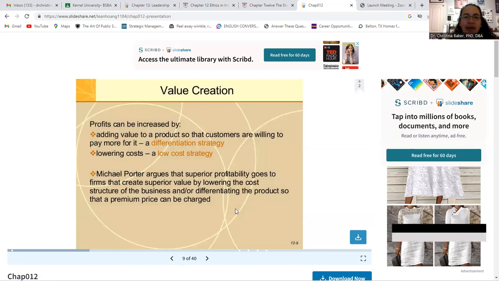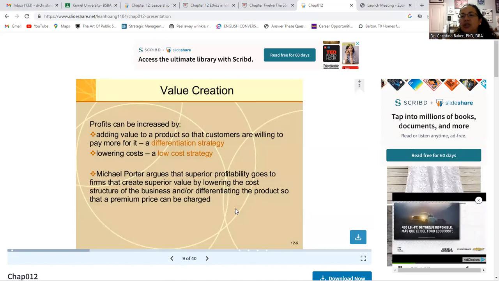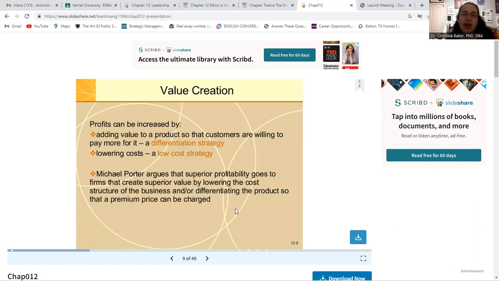Profits can be increased by adding value to the product so customers are willing to pay more for it: a differentiation strategy, or lowering costs: a low cost strategy. Michael Porter argues that superior profitability goes to firms that create superior value by lowering the cost structure of the business and by changing the product so a premium price can be charged.